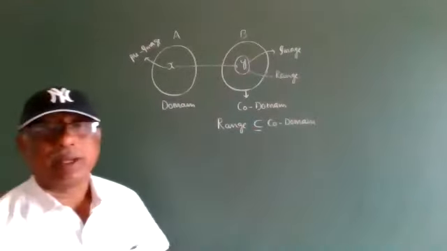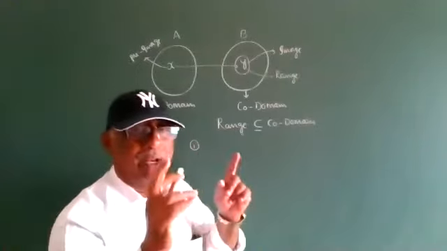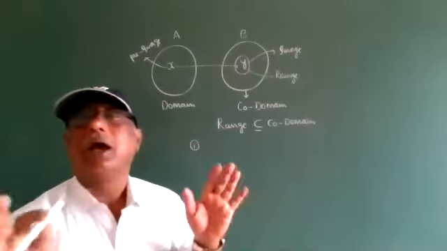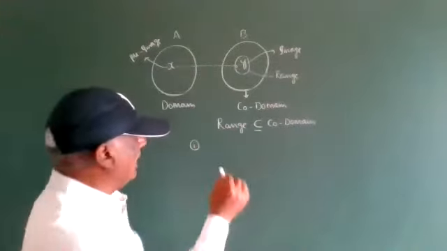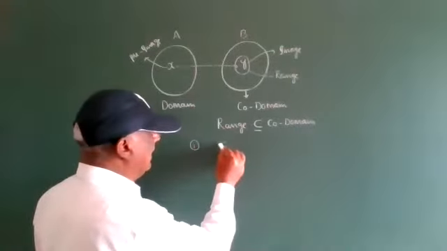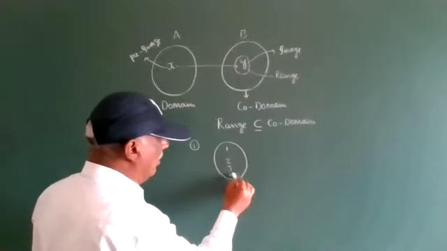Next, the condition of a function is that every element of the A set has an image in the B set. So every element of the A set, 1, 2, 3, 4.